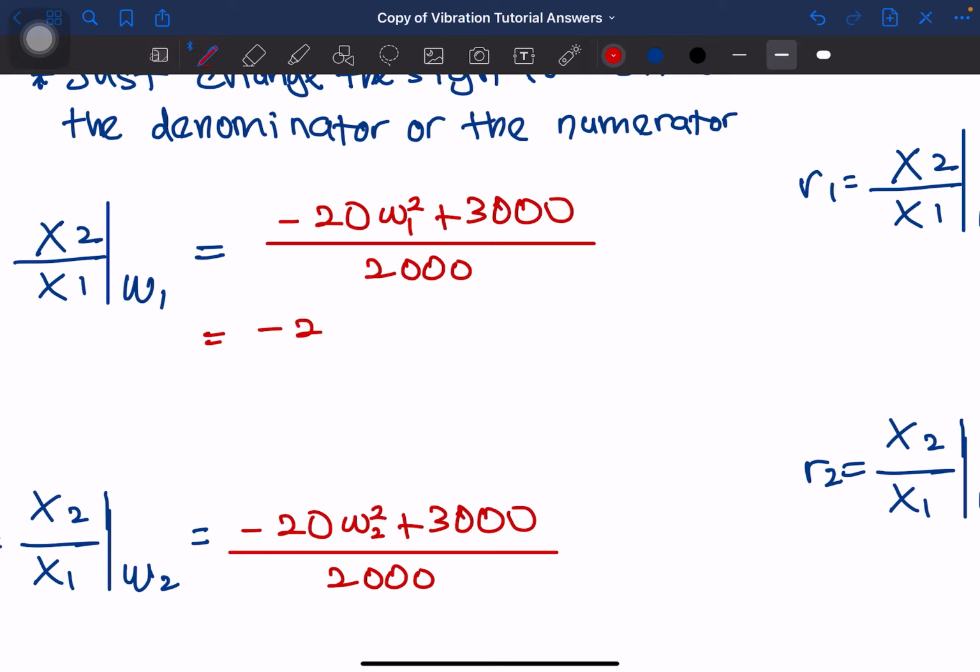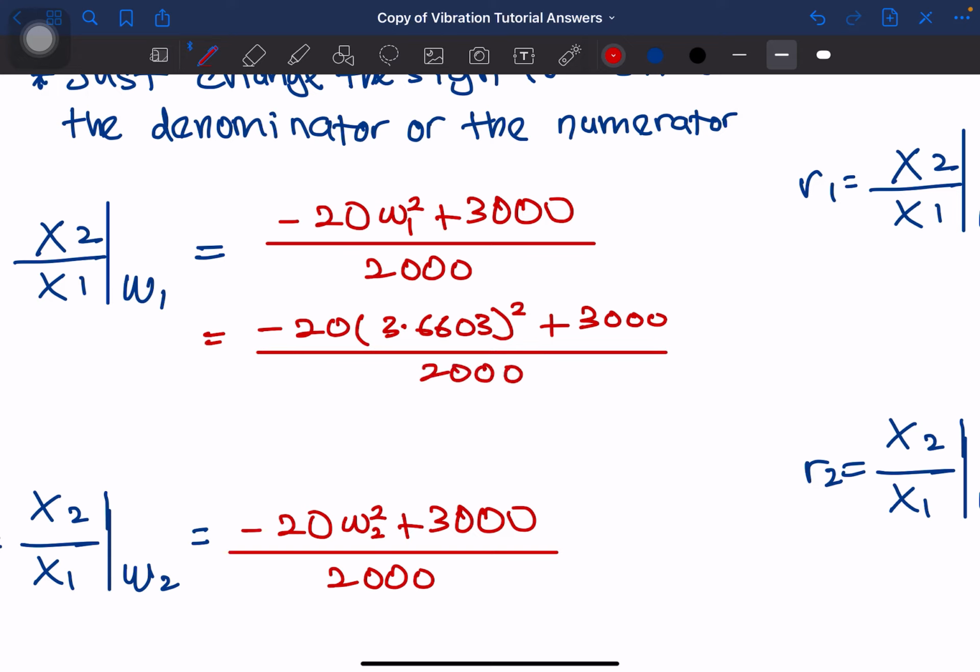Substitute your omega 1 just now, which is 3.6603 squared plus 3000 over 2000. So you'll get your first mode shape to be 1.366.